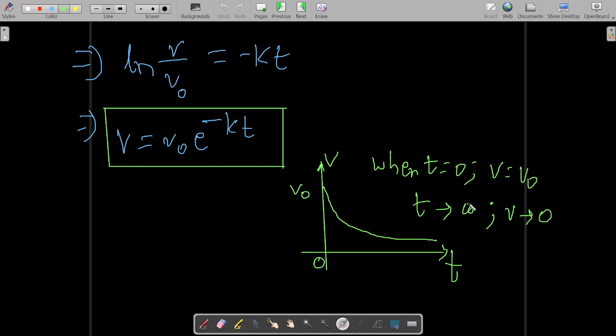So t will tend to infinity and v will tend to 0. So at time infinity the object will stop in the resistive medium. So v equals v naught e to the power minus kt.